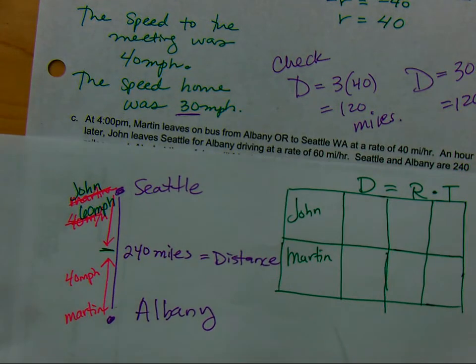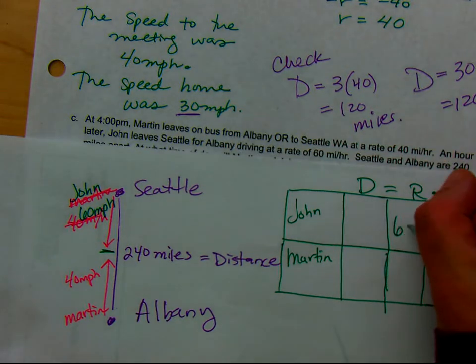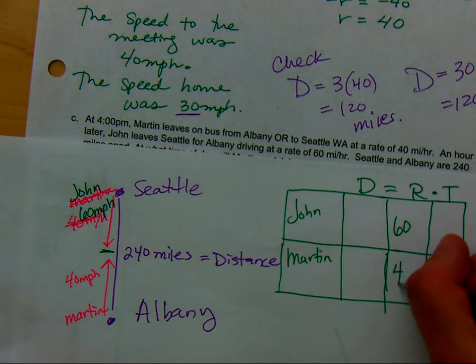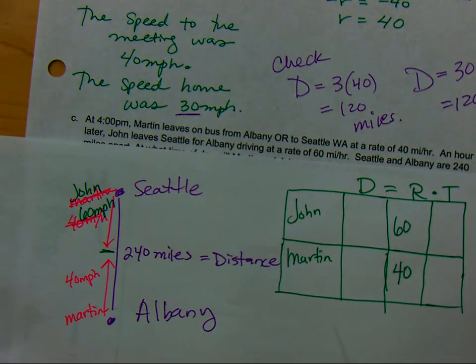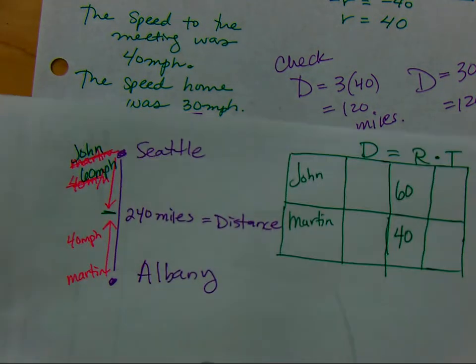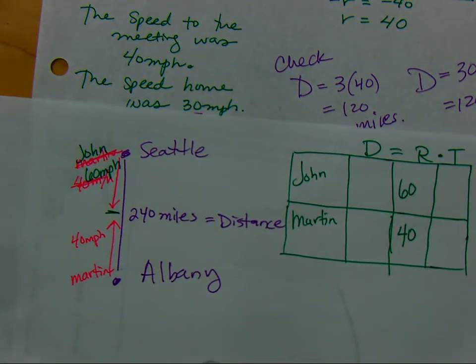So, what is the rate of John? Well, isn't it 60 miles per hour? And what is the rate of Martin? So we can just fill in anything we know. Anything that you know from the word problem, fill it into your table. Both of your problems that you have on your activity are set up in a table.